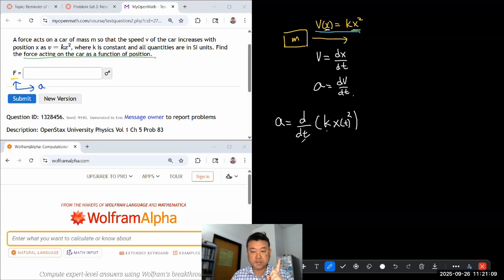So in taking this derivative with respect to time, you can first start by taking the derivative of the outside. So kx squared, derivative of the outside: k is constant, nothing happens. X squared, the function squared, the power rule, 2 comes down, and it's going to be 2k x as a function of time raised to power 1, and you are not done.